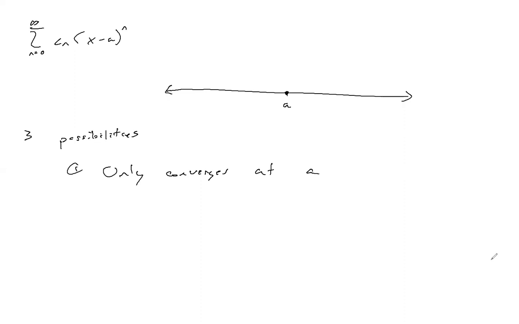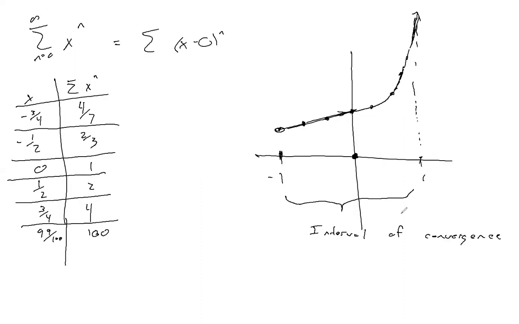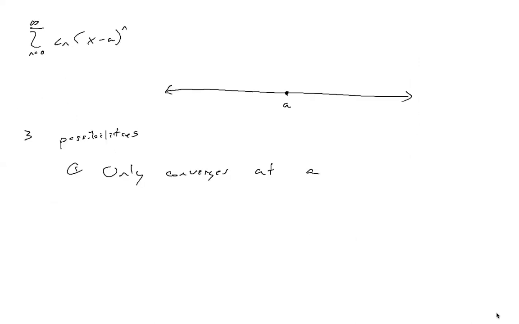If we go back to this interval of convergence, the distance it goes out to one side, we could call that the radius of convergence. So if the series converges only at a single point, we could say that the radius of convergence is 0.